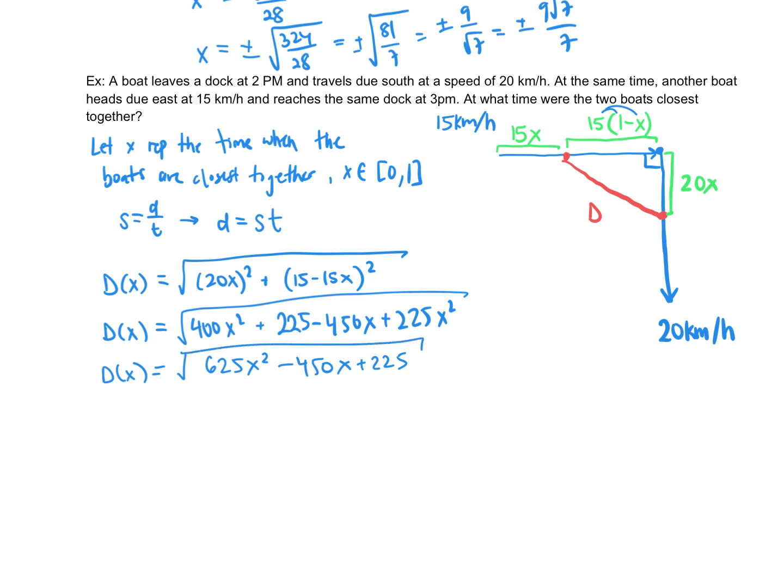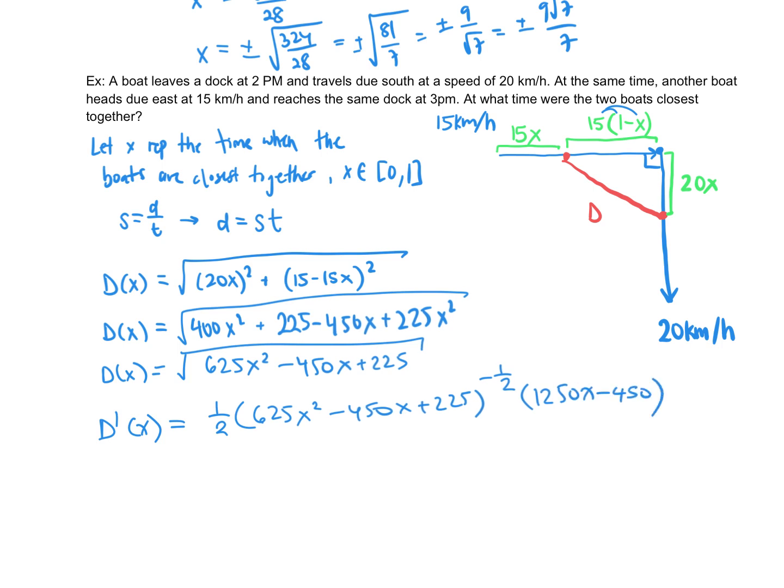Now I'm ready to take my derivative with a nice little chain rule. So bring that exponent of a half down, copy the inside to the power of negative a half, times the derivative of the inside, which is going to be 1250x minus 450. All right, I'm going to set my derivative equal to 0 while I clean this up.